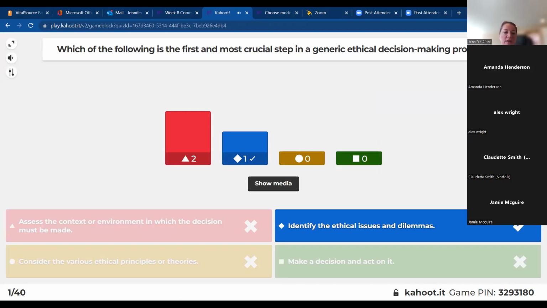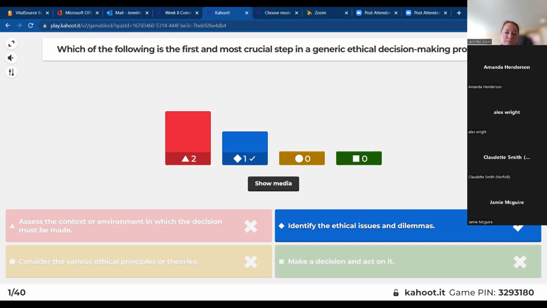Remember, before you do anything in that assessment phase, you're going to be identifying what our issues are. Okay, it's the first and most crucial step. Maybe you guys picked assess the content or environment because it has the word assess in it, but remember, before we do any of that, we have to identify, kind of like in a community, we have to identify those boundaries. We have to identify what we're dealing with.